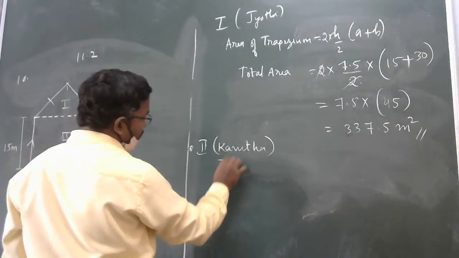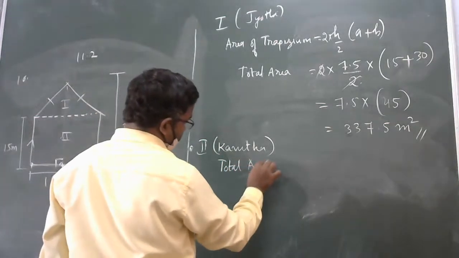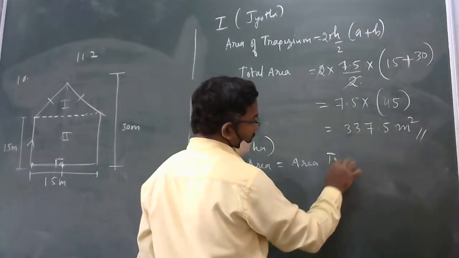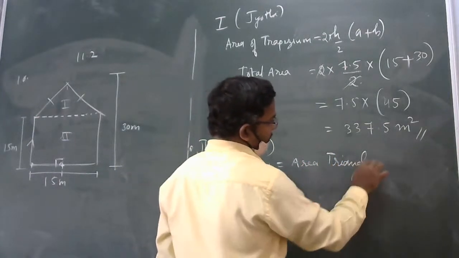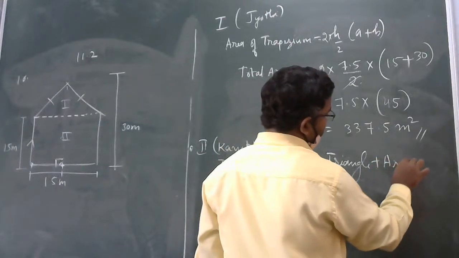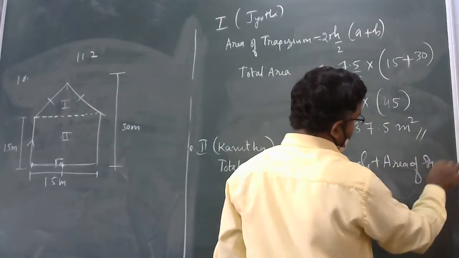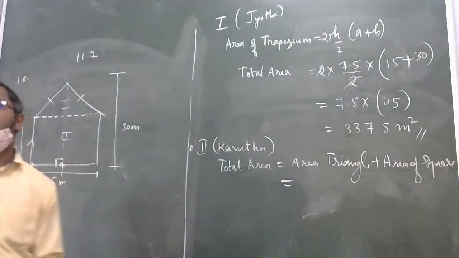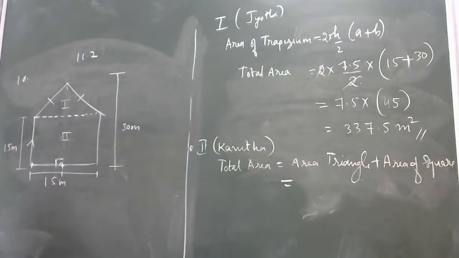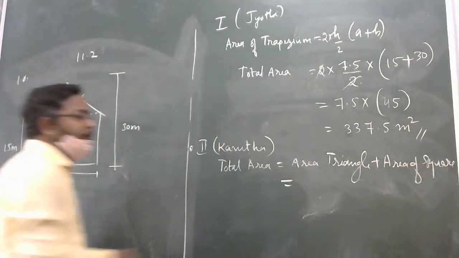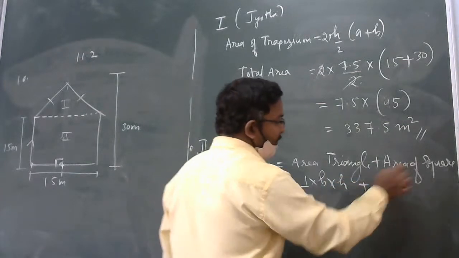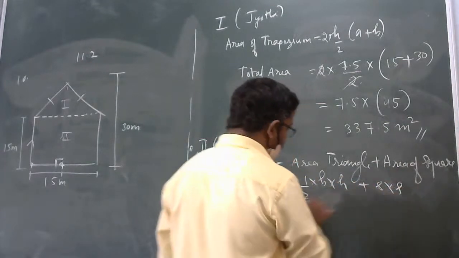So total area is equal to area of triangle plus area of square. What is the formula of area of triangle? Half into base into height. And area of square is side into side.